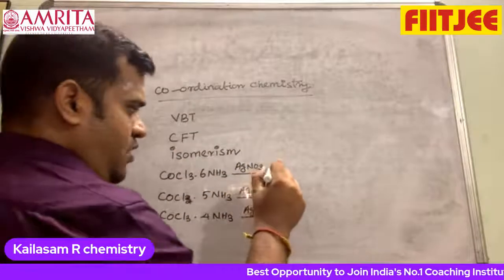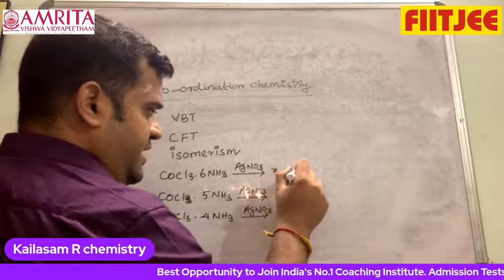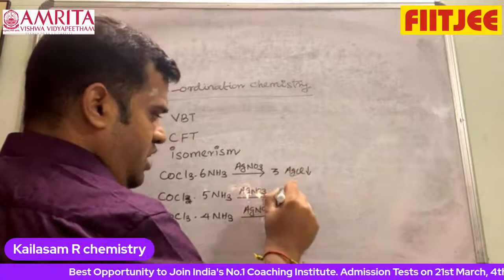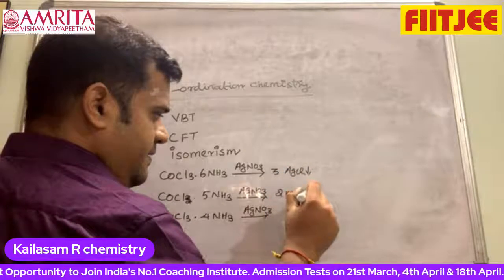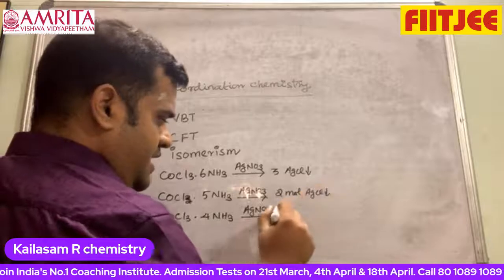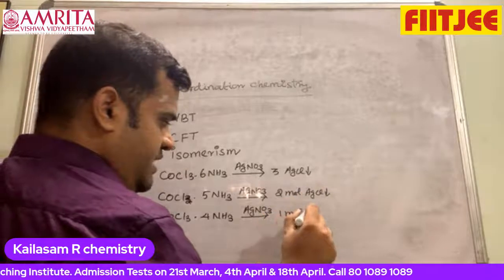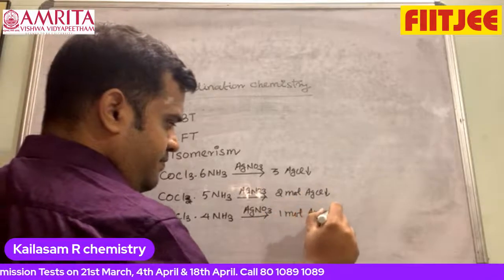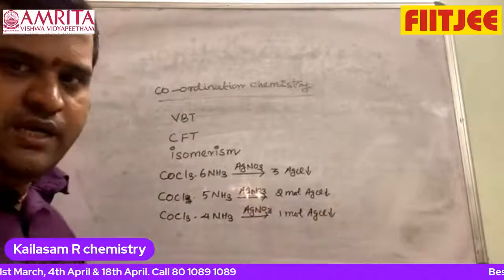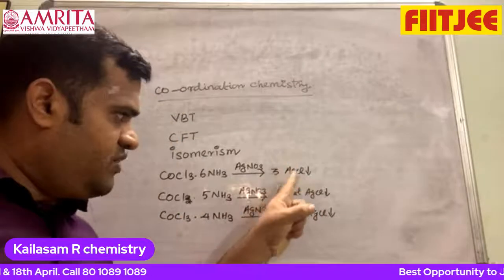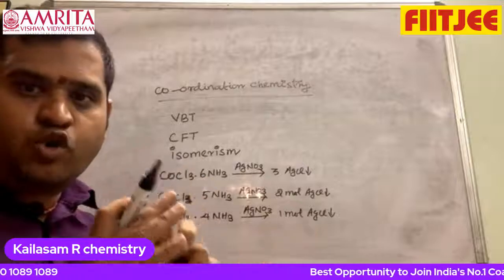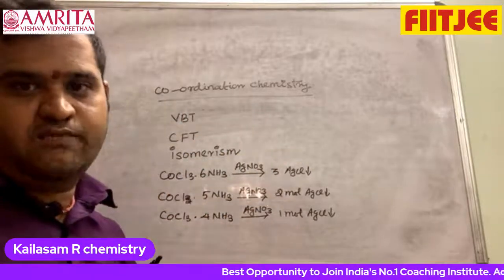He found that 3 moles of AgCl precipitated here, 2 moles of AgCl here, and 1 mole of AgCl here. Using this amount of AgCl precipitate, he could predict the formula of the complex. How?